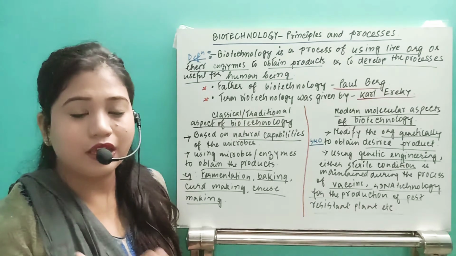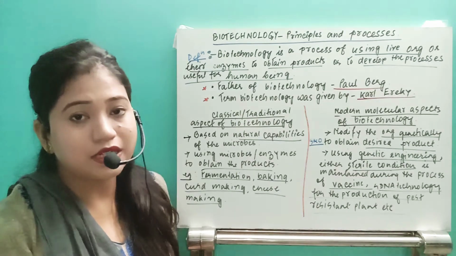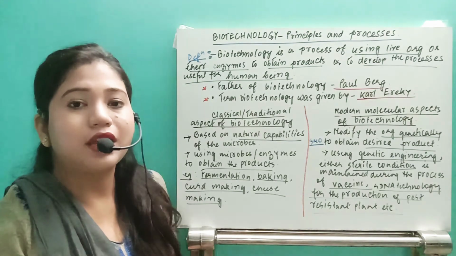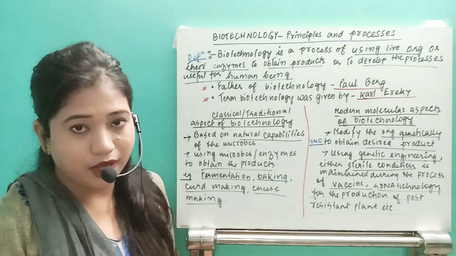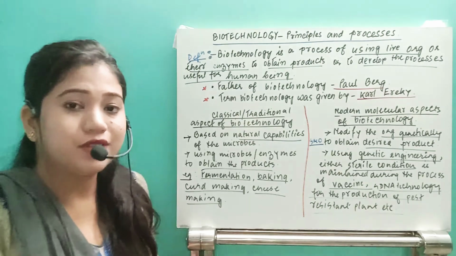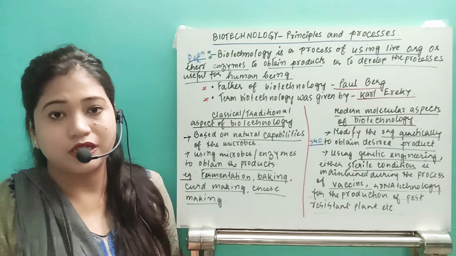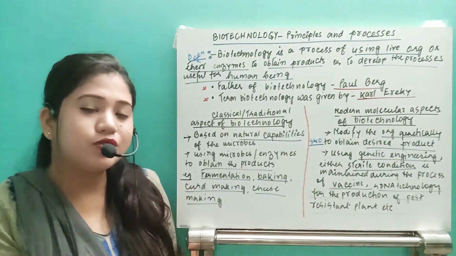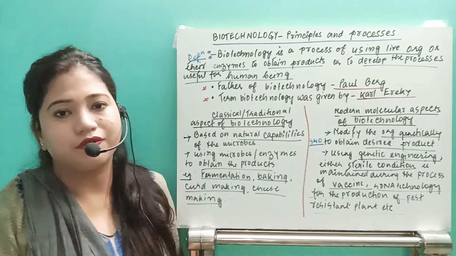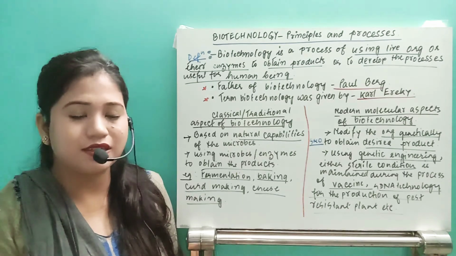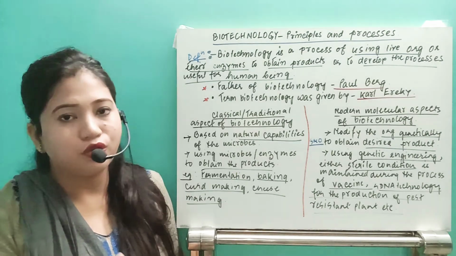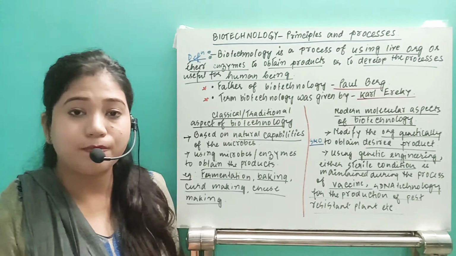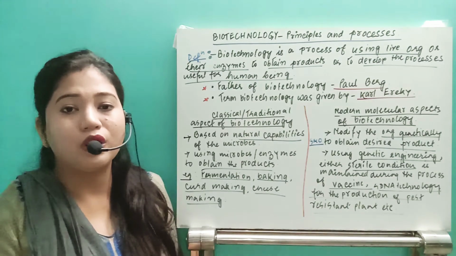If I give you an example of a BT plant, that is BT cotton. BT cotton is actually one pest resistant plant. We have already discussed in microbes in human welfare that whenever we use some type of chemical fertilizers or chemical pesticides, it is harming, it is killing not only the pest, but it is going to harm the whole environment.